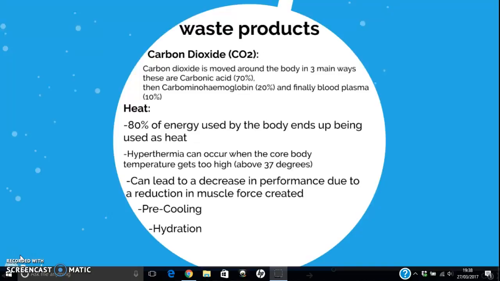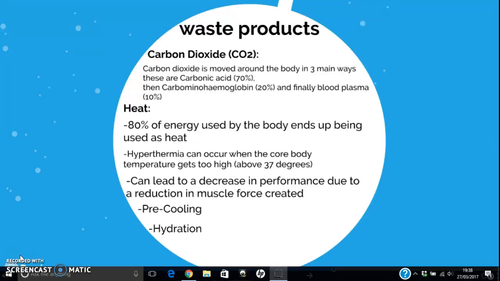Hyperthermia is when the body gets too hot, so it rises above 37 degrees. 1 degree above the supposed core temperature of the body is a real issue, and at least it's going to cause a decrease in performance, as obviously muscles can't produce as much force, but it could have much worse effects such as death.